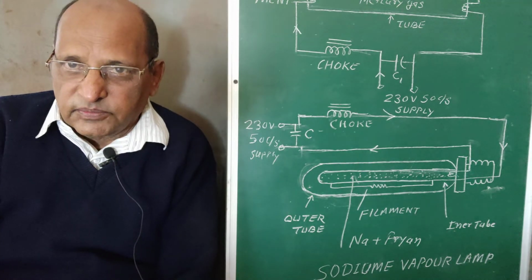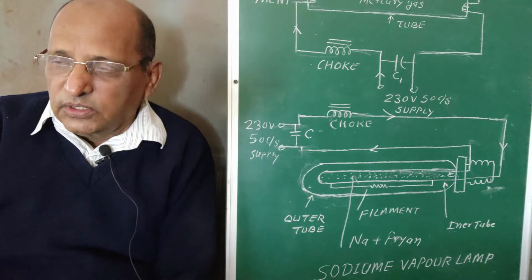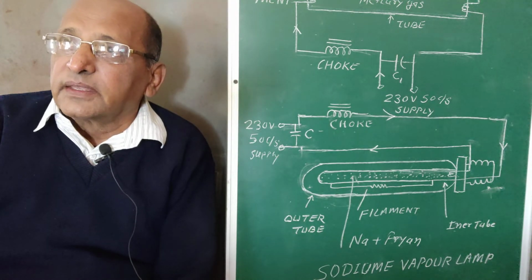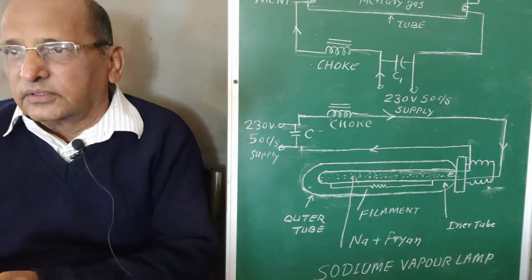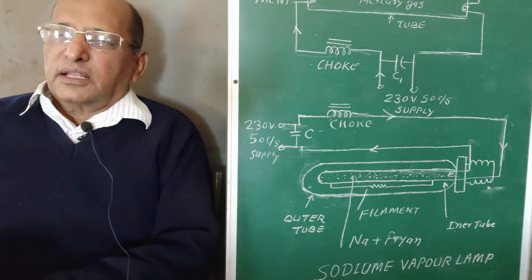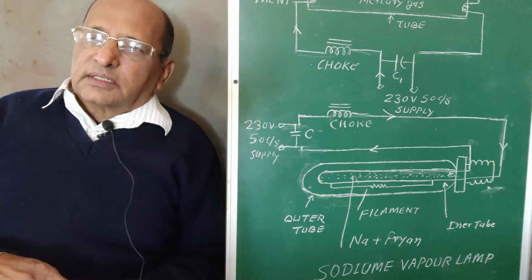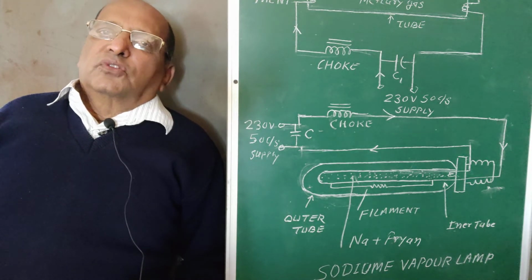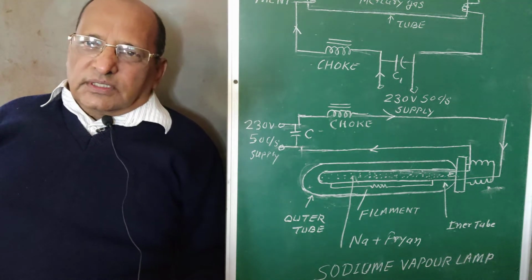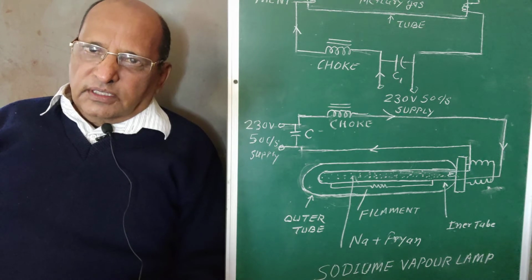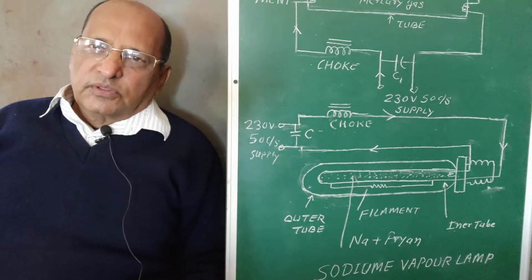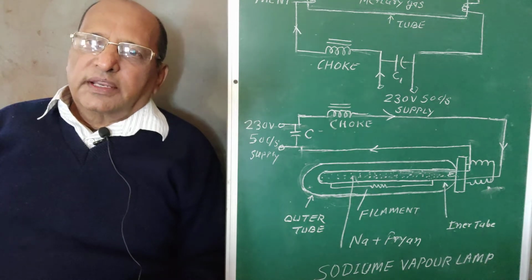In place of the old type of tube, we are now using these LED tube lights. Their wattage is normally 22 watts compared to the old tube of 40 watts, and they consume less energy, so it is economical for houses. So nowadays most people use these LED tube lights.